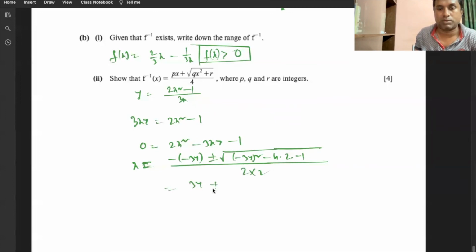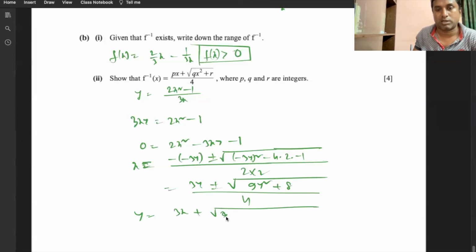So 3y plus or minus root of 9y² plus 8, divided by 4. So y equals (3x plus root of 9x² plus 8) divided by 4. This is the f inverse and this is the answer.